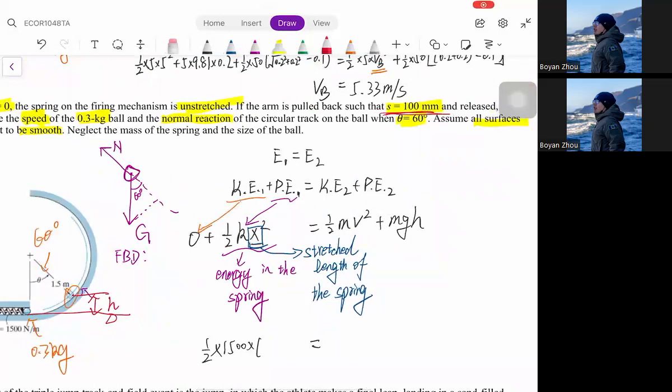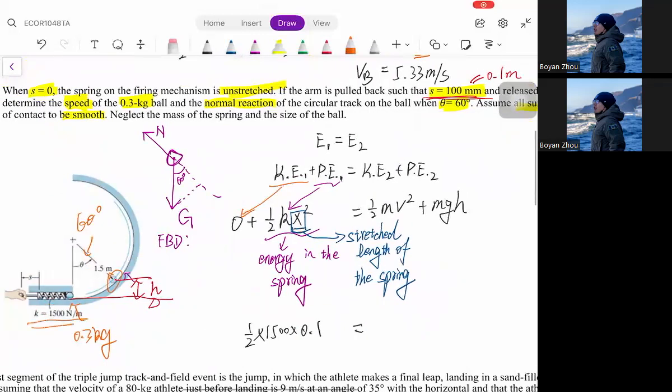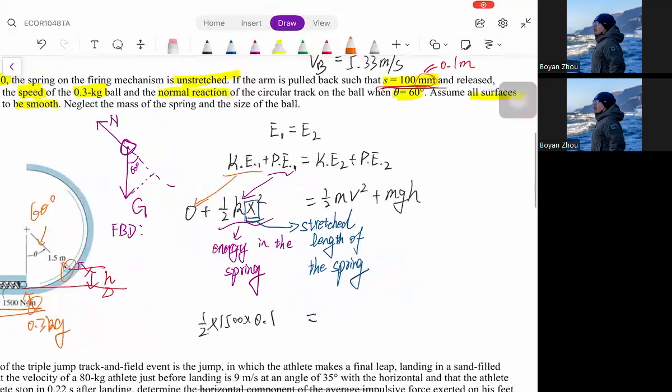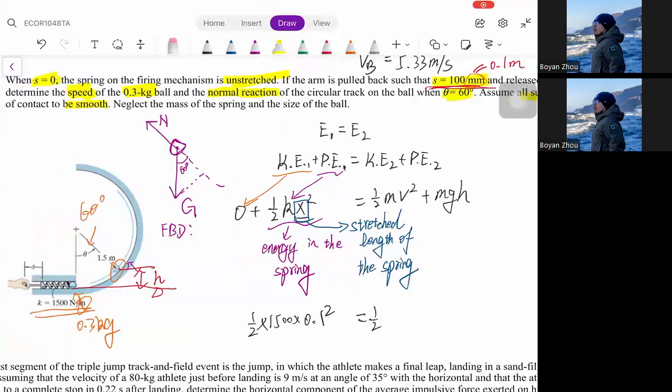Remember, we need to change the millimeter to meter, so that is 0.1 meter. The coefficient is in meters and here we have the length in millimeter, so we need to make the units match. We convert the length units, to the power of 2. It's equal to half m. We know the mass, that is 0.3 kilogram.